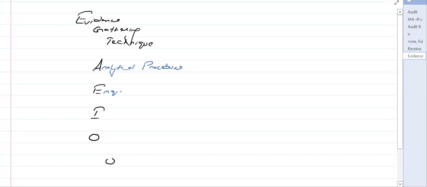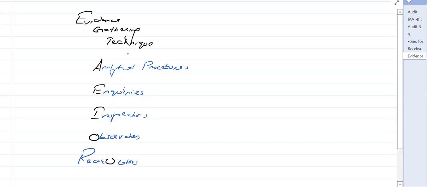Then we have inquiries, or you can also call them discussions. Then we have inspections, observations, and then we have the recalculations.